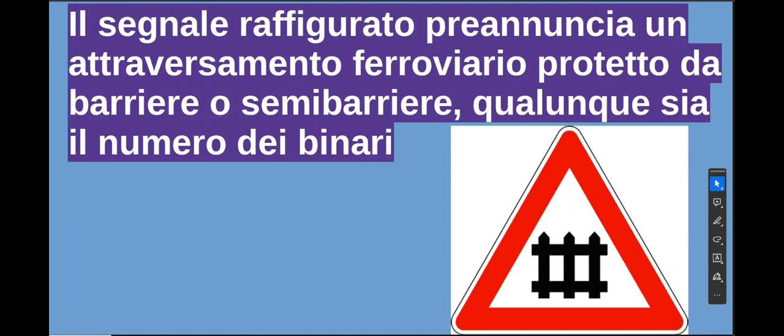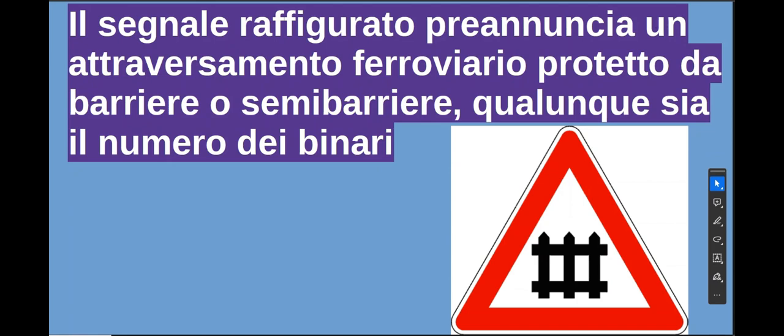Okay, this sign simply means crossing of train line with barrier. Passaggio a livello con barriera. So what did I just do? I remember the name of the sign and the meaning of the sign. Good. With that being done, now let's go on the question.